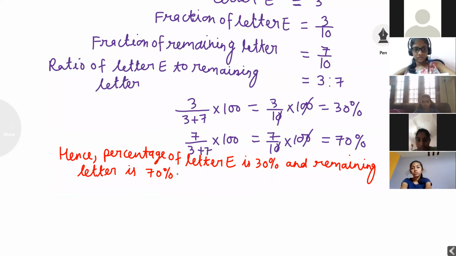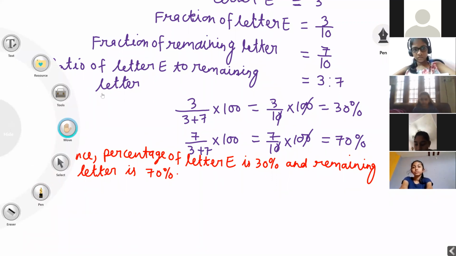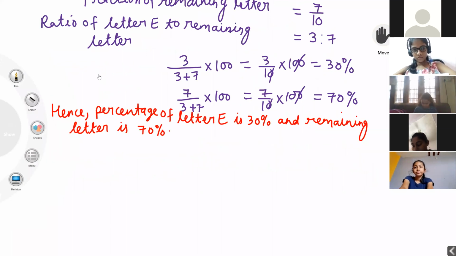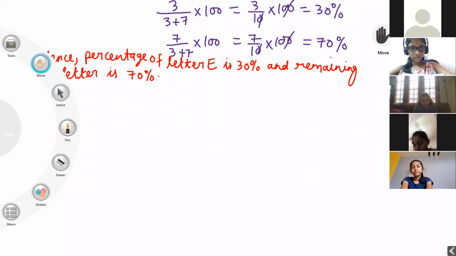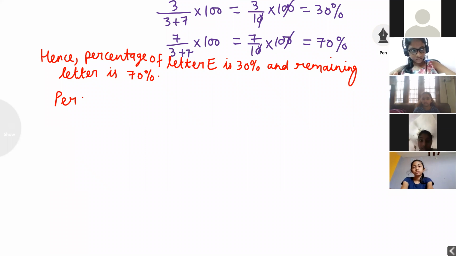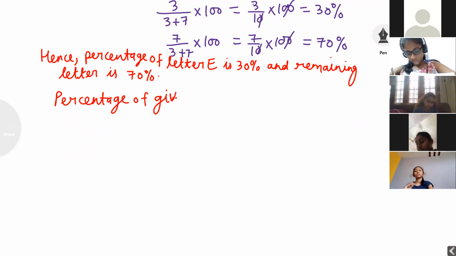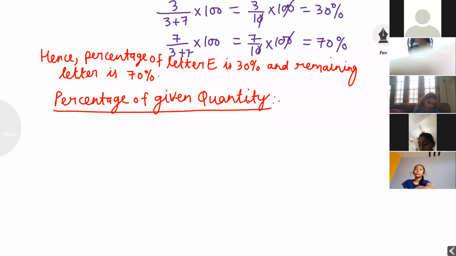Keep the heading: percentage of given quantity.